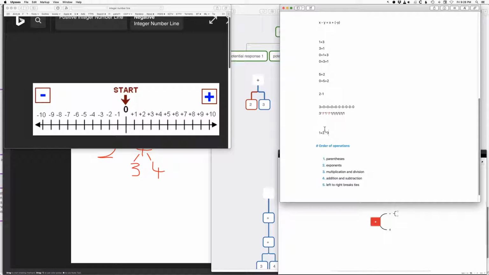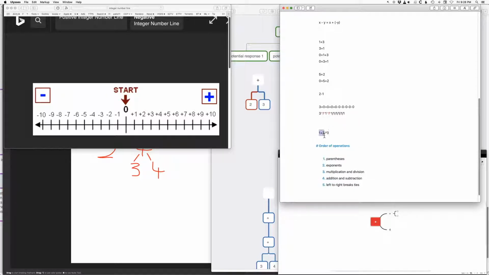Anyway, if you do 1 plus 2 times 3, do you know what that makes? Wait, so it's 3 times 3, so 9, I think? Did you follow order of operations? No. So you just did left to right, right?